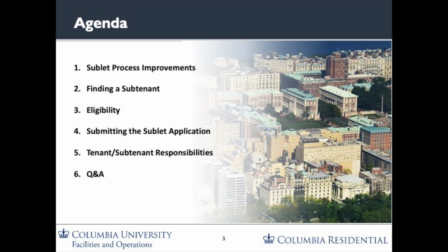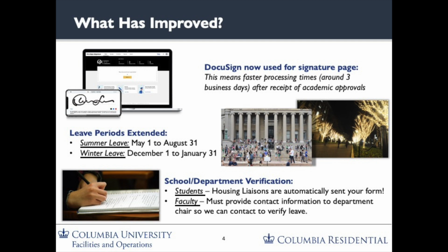Absolutely. What has improved essentially is going to make this process more streamlined for you. The first thing to talk to you about is we now use DocuSign for the signature page, which will speed everything up a lot. We're hoping the processing times will be about 3 business days after receipt of the academic approvals.